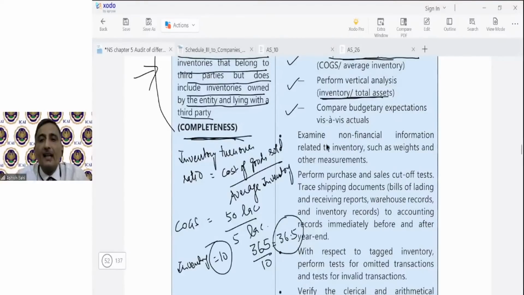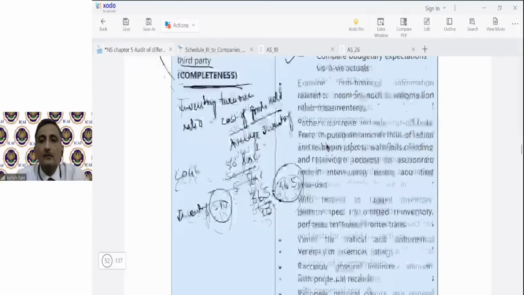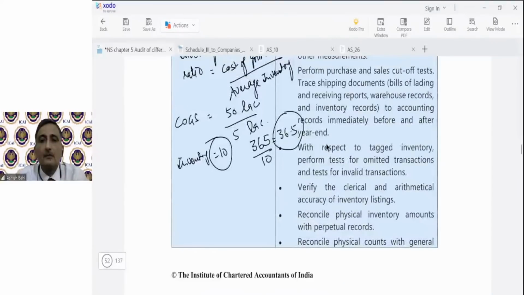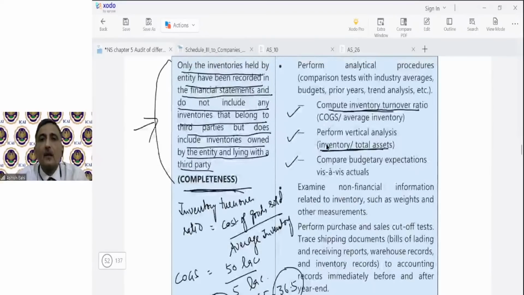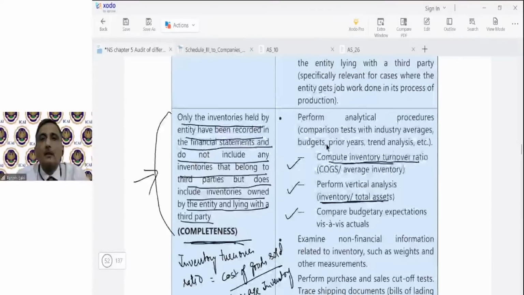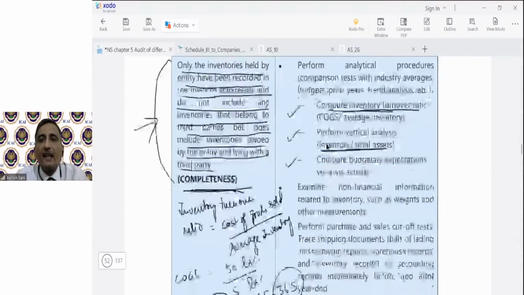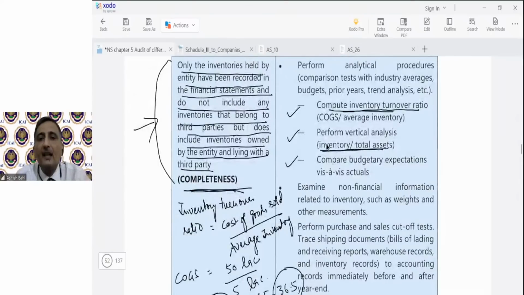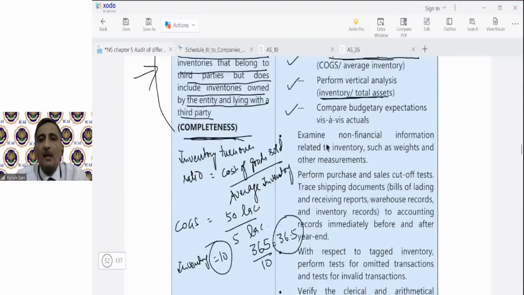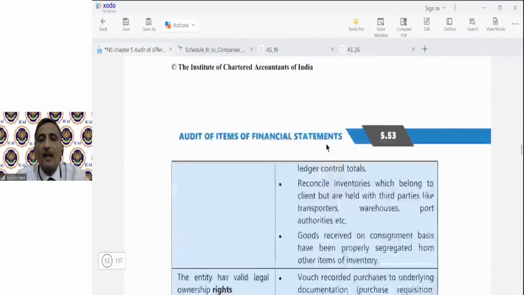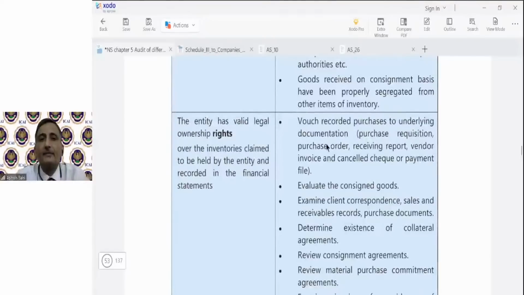So you get the significance and importance of the inventory turnover ratio, students. By doing such things, the auditor may come to know about any misstatements as far as inventories are concerned.